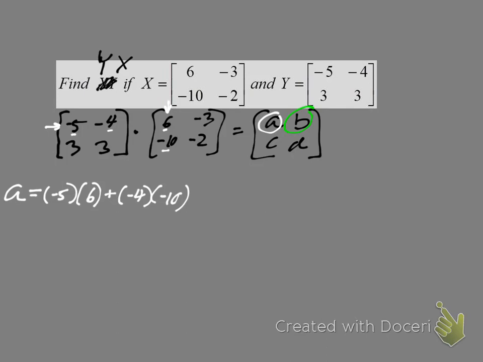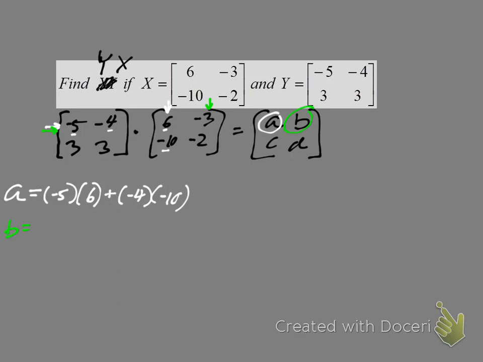B would be the same row, but the next column in the second one. There you go. Oh, I think I get it now. So we're basically just flip-flopping back and forth. So C would be back to the first column, second row, and then second row, second column for D.